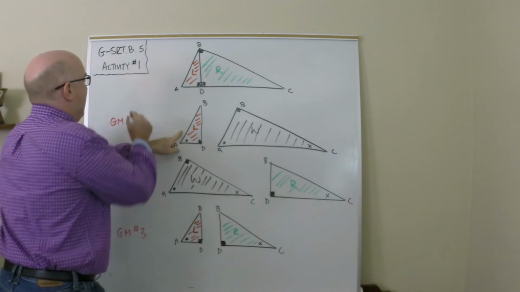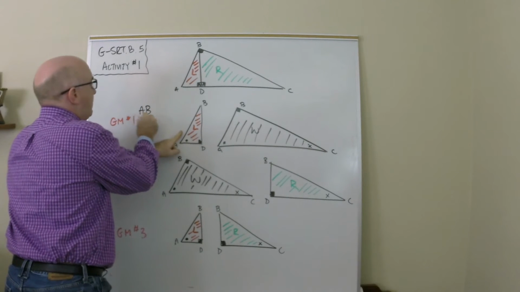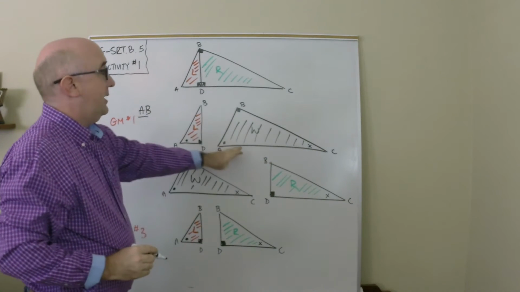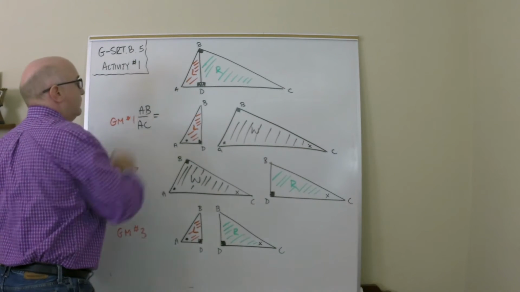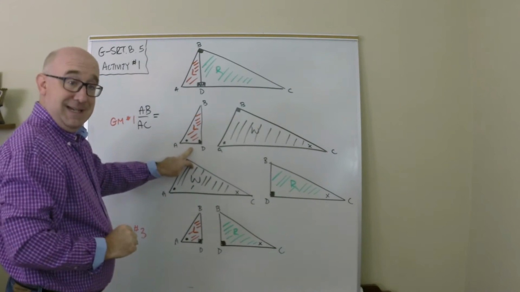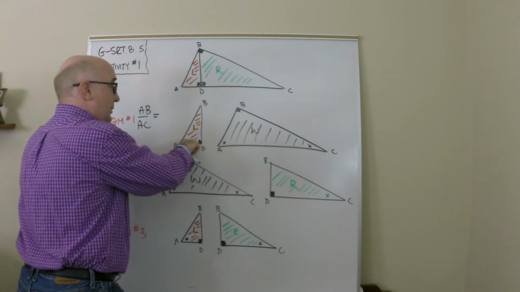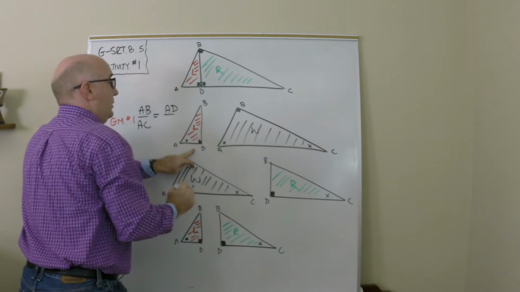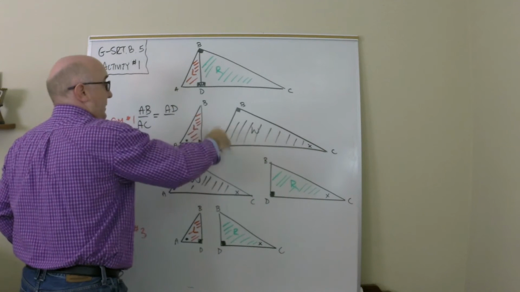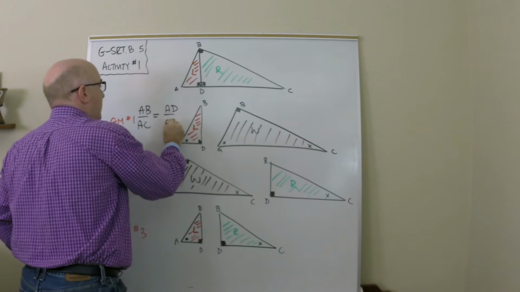If I use AB here, that's the hypotenuse, and it would compare to AC here. If I use AD here, that's the side with the angle and the right angle, AD, it would match up with AB in this one.